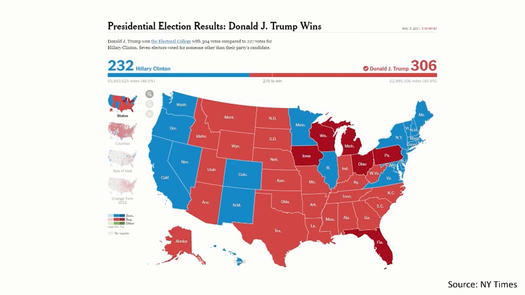The number of electors each state gets is equal to the number of House of Representative members they have, plus the number of senators they have. So more populous states get more electors, but since every state has 2 senators, that gives smaller states more representation than they otherwise would have. A presidential candidate needs 270 Electoral College votes to win.